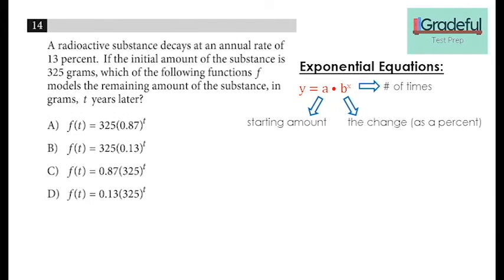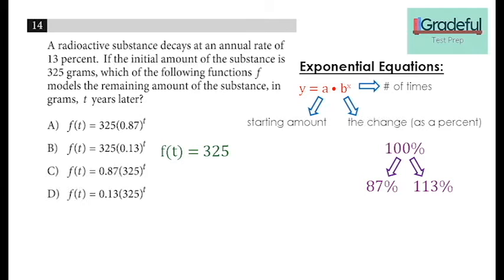We have something that starts at 325 grams, and it decays at 13%. Now in terms of percentages, percents always start at 100%, and if we were to increase 13% from there, it would go to 113%, but if we were to decrease by 13%, it would go to 87%.